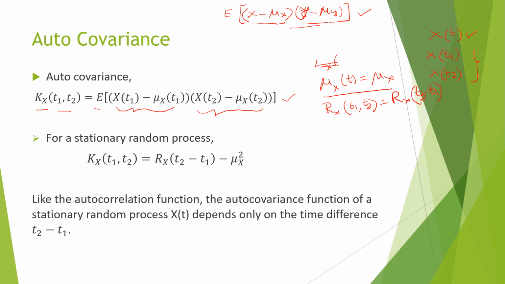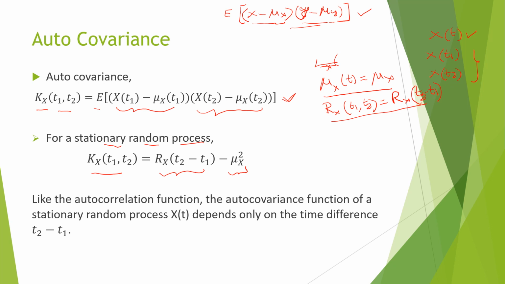These two results we have seen for a stationary random process. So if you expand this equation and simplify, we get the autocovariance of a stationary random process as Rx t2 minus t1 minus mu x square. That is the autocorrelation function minus the square of the mean.